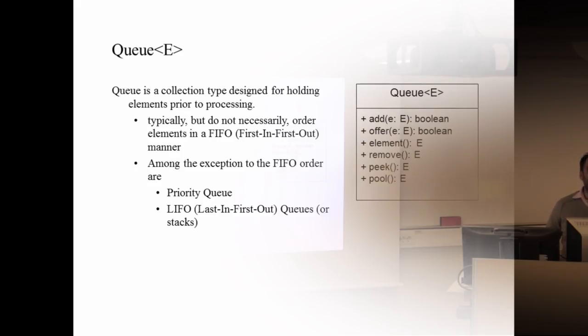So it's like placing the elements in a queue before processing, and the general order is that the queue elements are stored or accessed in first-in-first-out order. However, there are exceptions. For example, the priority queue, and you can also implement a queue in last-in-first-out order. If you do that, it's more like a stack, not a queue.